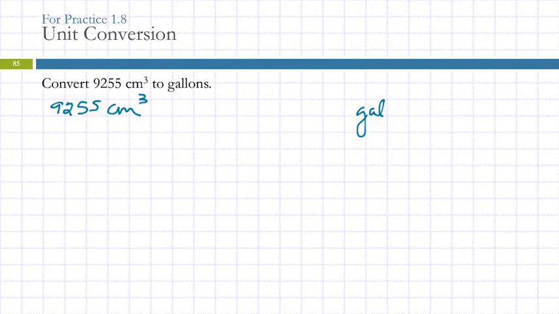Personally, I don't know all the numbers I need, all the relationships here. I'm going to start with what I do know, and then I'm going to look for something. I know that I can convert cubic centimeters into milliliters. And I'm thinking I could go milliliters to liters, but I'm going to have to go look up something for gallons.